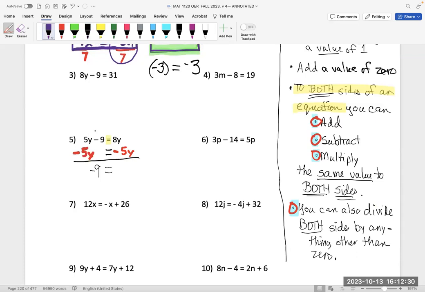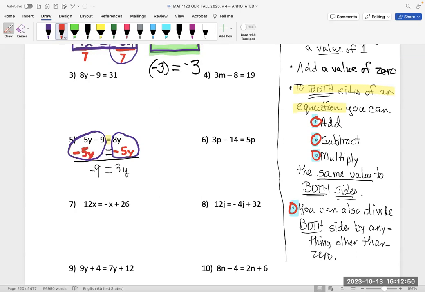The left side, 5y minus 5y minus 9 is the same thing as minus 9. 8y minus 5y, if I have 8 yellow jackets and I subtract 5 yellow jackets, 8 minus 5 is 3. I will be left with 3 y's.